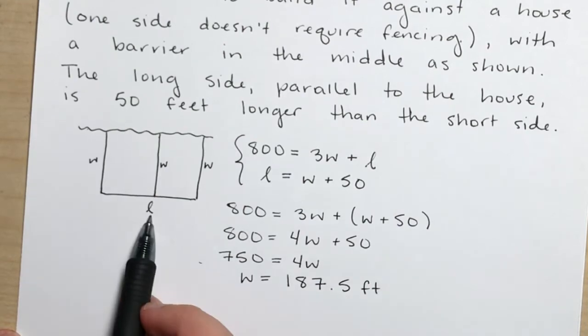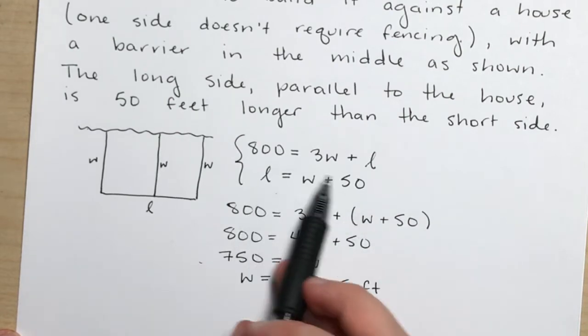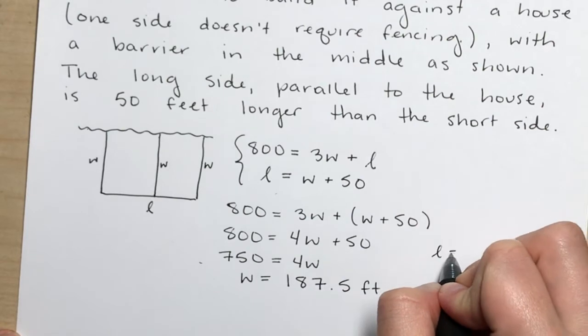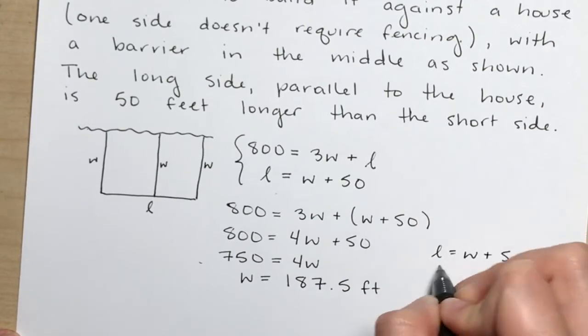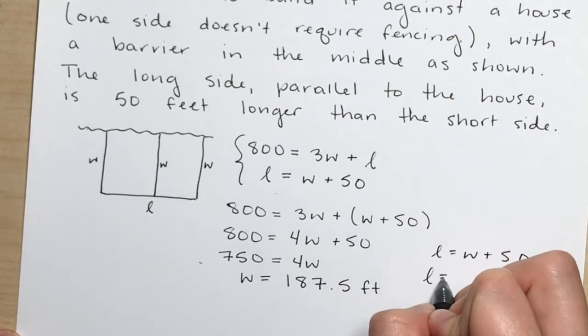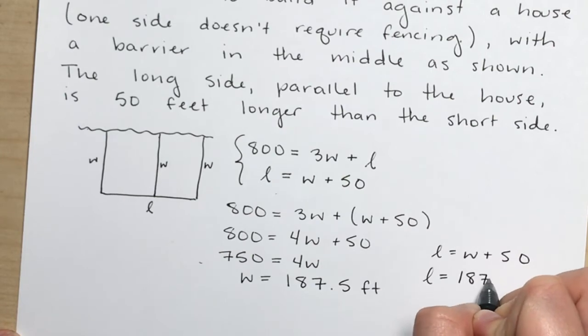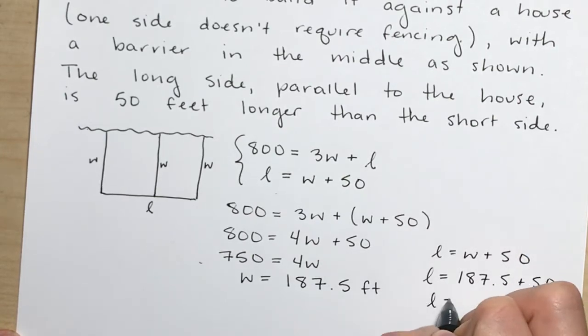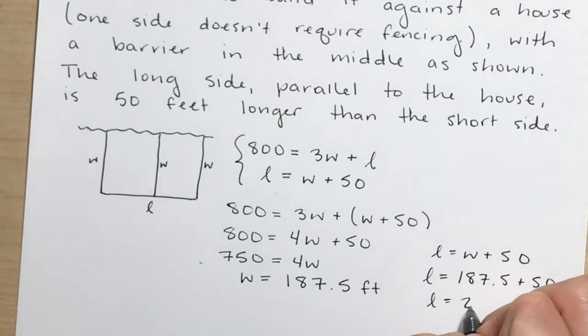Nope, we've got to find L, but we already know what L is in terms of W. So if we know that L is W plus 50, and we know that W is 187.5, then we know that L is 237.5 feet. And this is our answer.